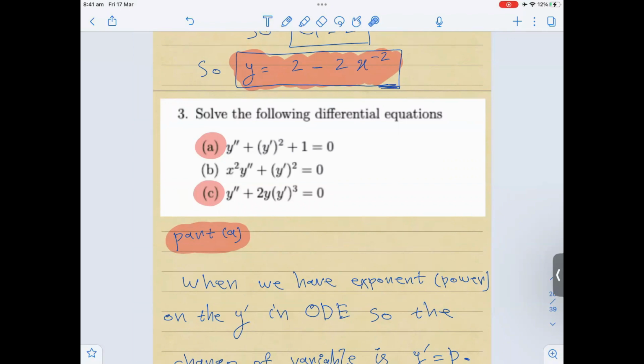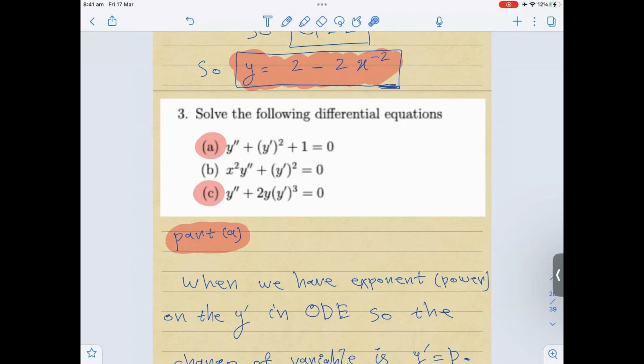Now, last week in the first session, you saw that you can have y double dash, y prime, x and y. So you have 2 variables absent. Now, if you put y prime equal p, you need to discover what y double dash is.